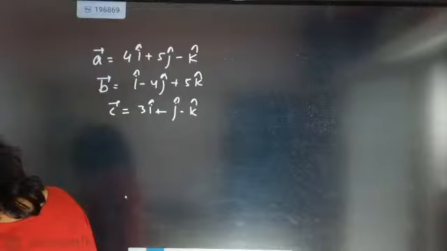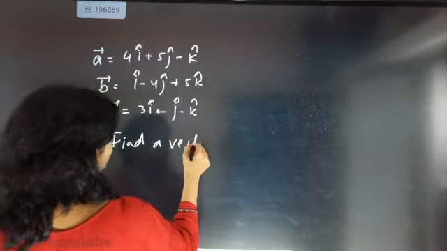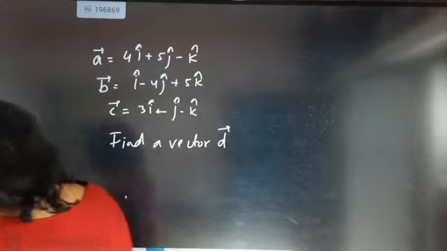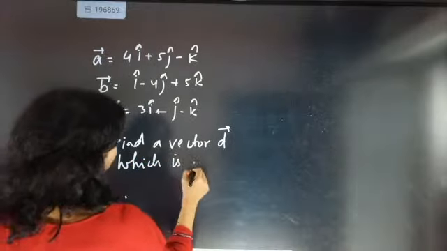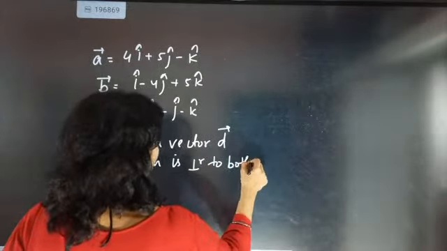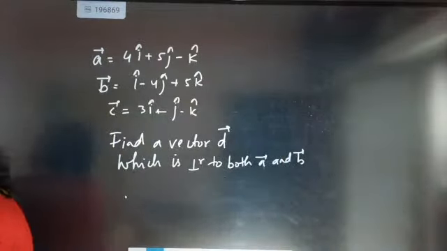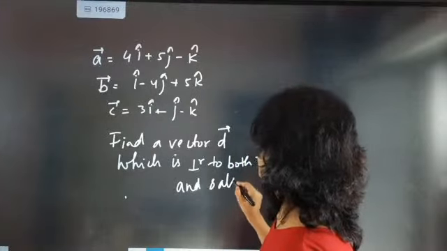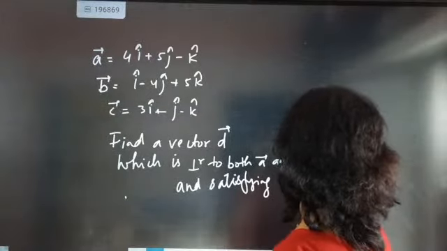So we got a, b, c vectors. Now they are telling us to find a vector d, a very super question, like this question when they give in an exam, which is perpendicular to both a vector and b vector, satisfying d vector dot c vector equal to 21.